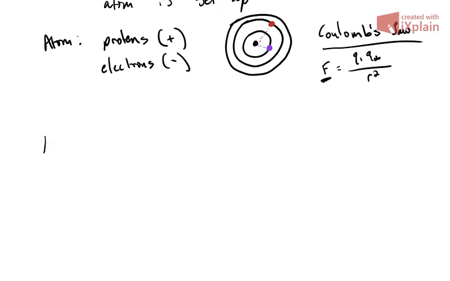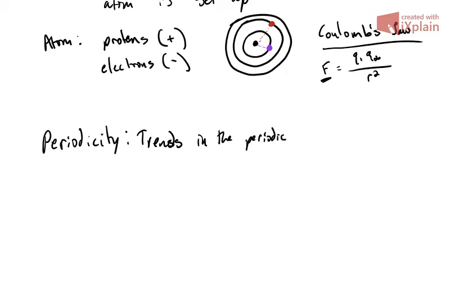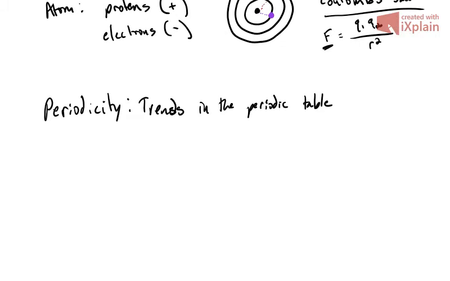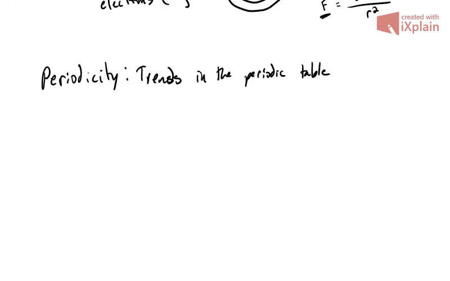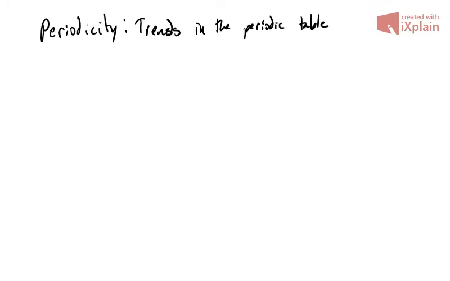Okay, so when we look at periodicity, which is trends in the periodic table, there are trends in the periodic table based on how it is arranged. I wish I could just copy and paste a picture of the periodic table in here.